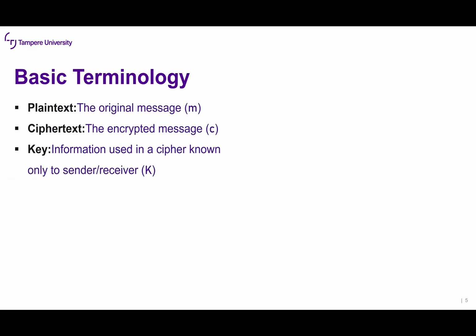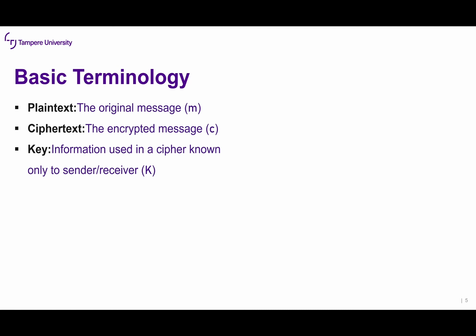Good. So some basic terminology before we move on to describe the symmetric encryption. So first of all, we have the plaintext, which is just the original message M that Alice is sending to Bob. Okay. Without any encryption. Ciphertext, on the other hand, is the encrypted version of M, right?